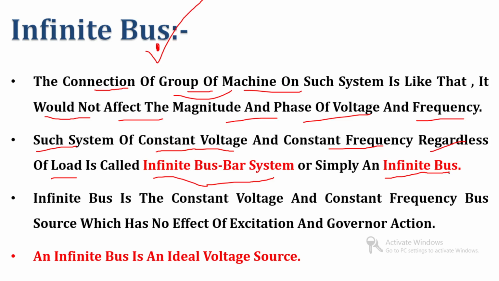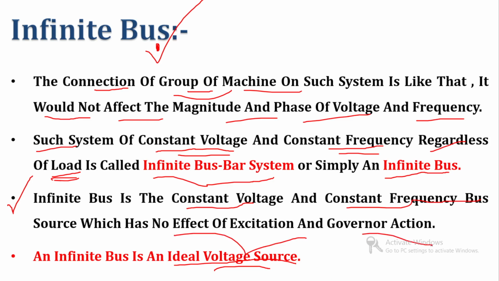Clear? So on an infinite bus, voltage is constant, frequency is constant, and the change in load is almost negligible. Infinite bus is also known as an ideal voltage source, because in an infinite bus there is no effect of excitation and governor action.